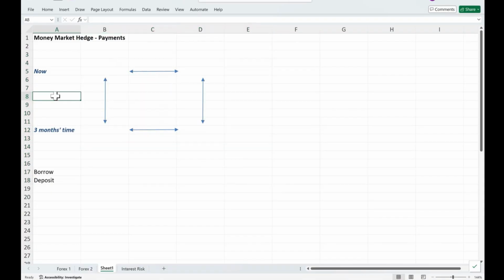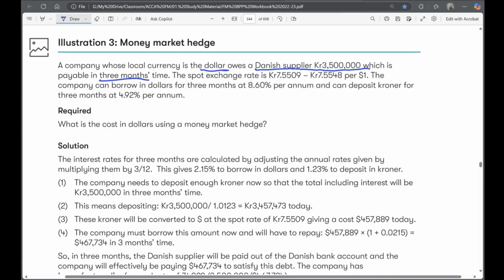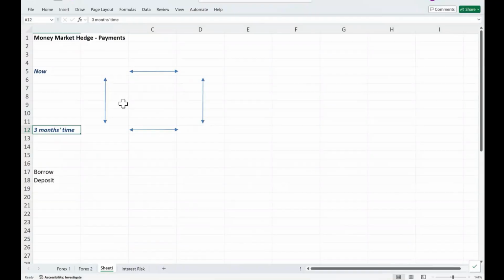This is just a shape I create to explain to you, so let me explain it and then you can do it your way. Look, which two currencies do we have? We have dollar and we have kroner. Dollar is our home currency. Let's say I put dollar here and kroner here.